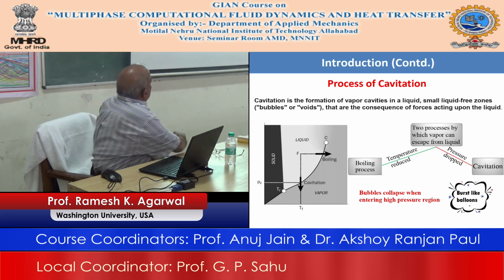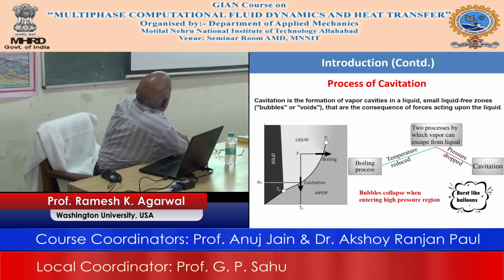In this chart, what you see here is that there are three phases shown of a particular material. This axis is pressure and this axis is temperature. If you draw a three-phase diagram, it's a qualitative diagram. This is solid, this is liquid, and this is the vapor.